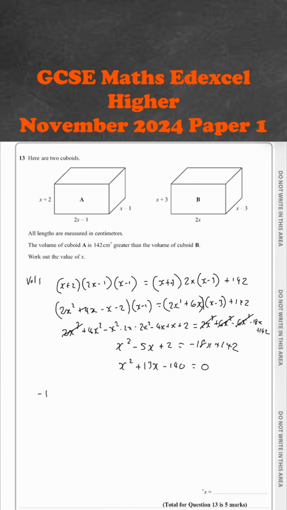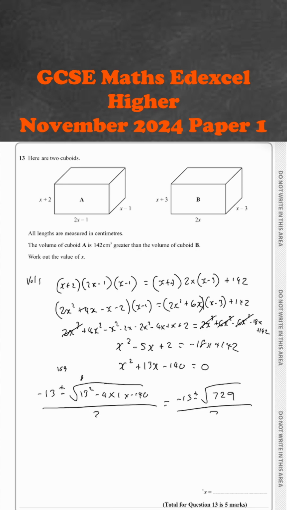So minus 13 plus or minus the square root of 13 squared minus 4 times 1 times minus 140, all over 2, is going to give us minus 13 plus or minus the square root of 169. That's what 13 squared is, 169. 4 times 140 is 560. So this is going to be 13 squared plus 560, so 729, over 2.